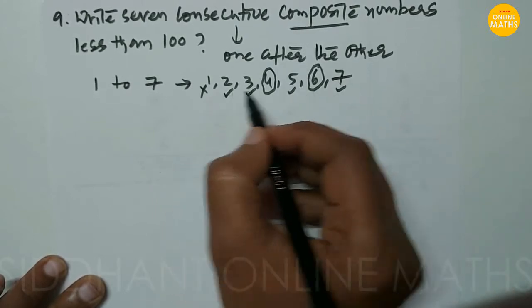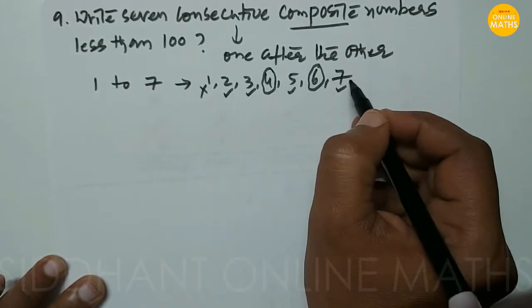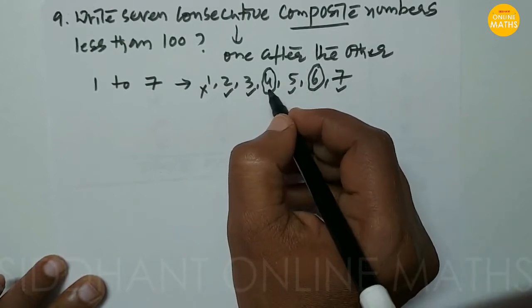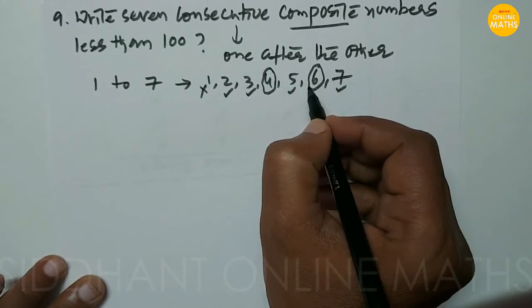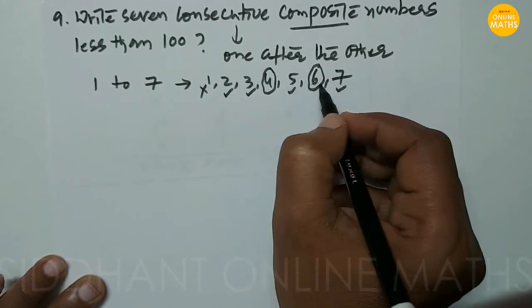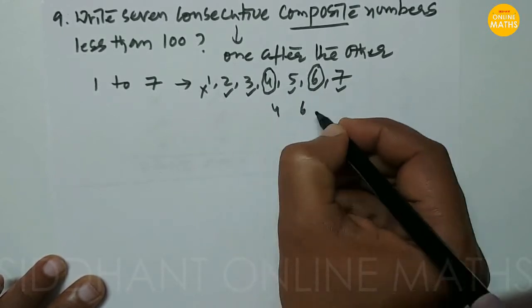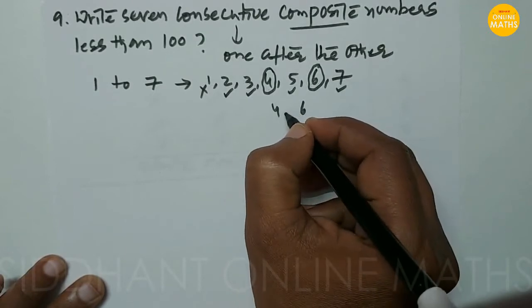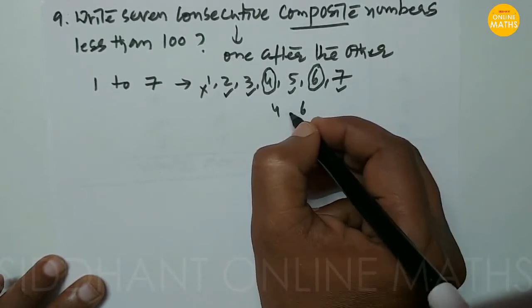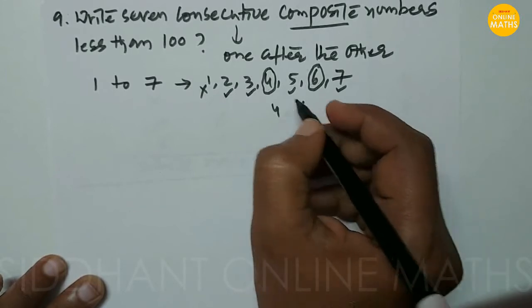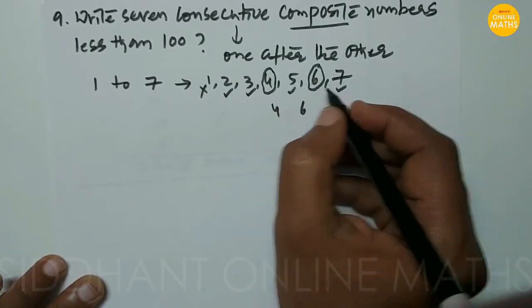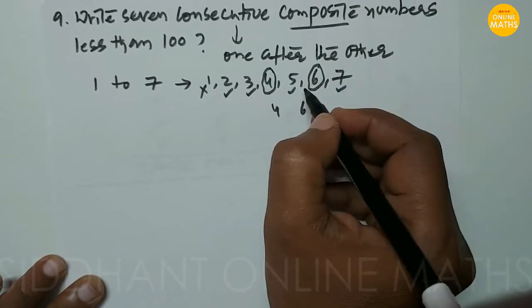Are we getting consecutive composite numbers like 4? After that we are not getting 5, but we are getting 6. So we can't say 4 and 6 are consecutive numbers. Consecutive means 4, 5, 6, 7 like this, and in that sequence all the numbers should be composite numbers.